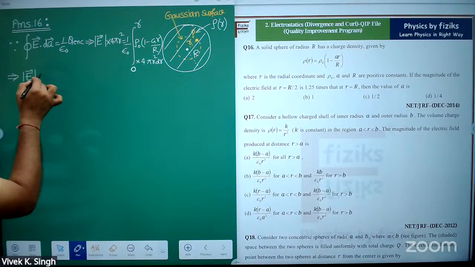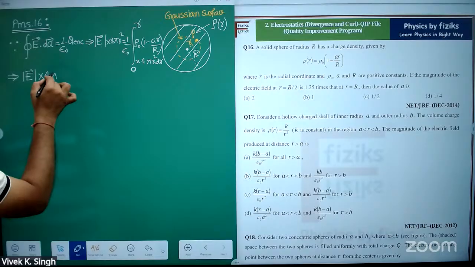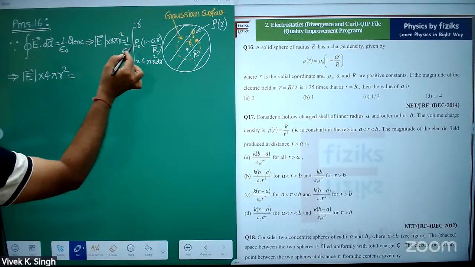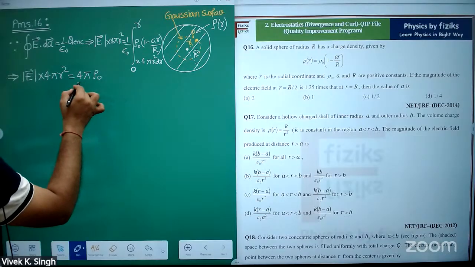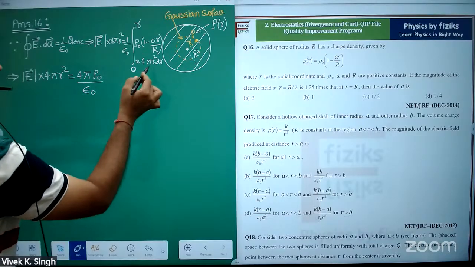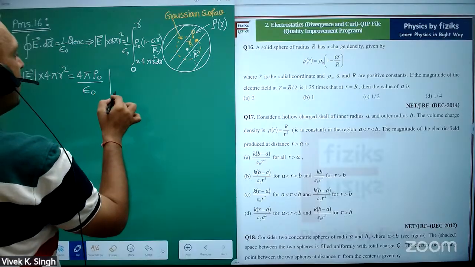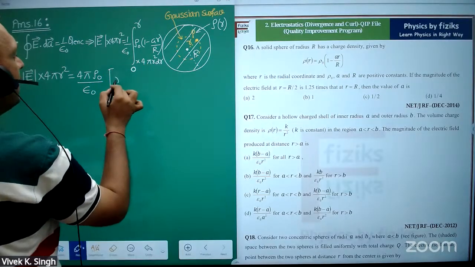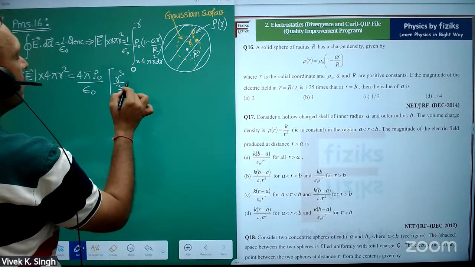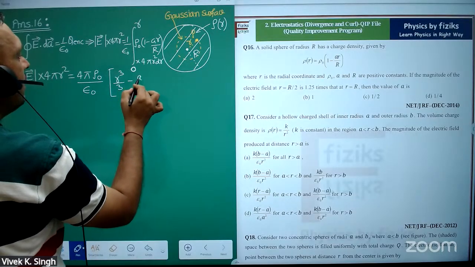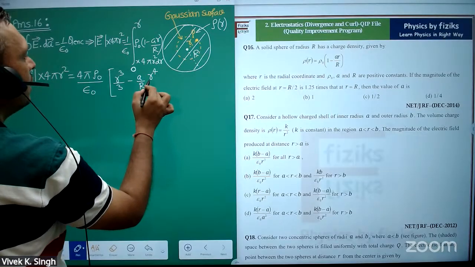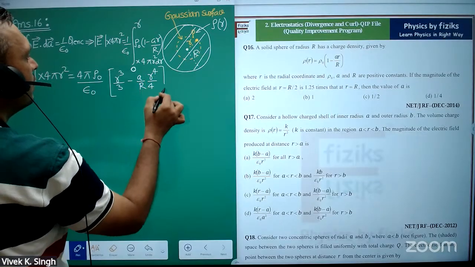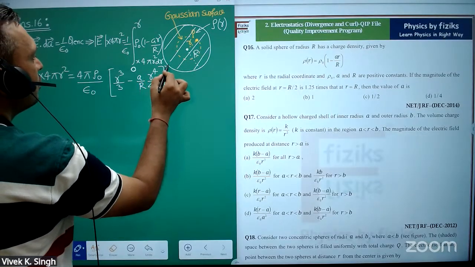So now we write mod E into 4 pi r square, taking 4 pi common and rho naught by epsilon naught common. If you multiply with r square, the integral gives r cube by 3 minus a by R times r power 4 by 4, with limits 0 to r.